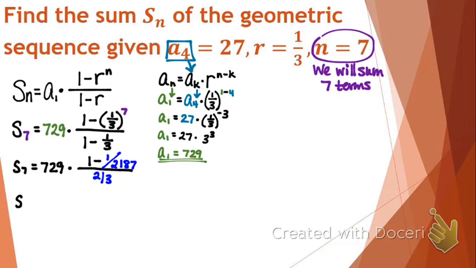All right, so the sum of 7 terms is 729 times, I know that denominator is 2/3. How does the numerator simplify? 2,186 over 2,187.